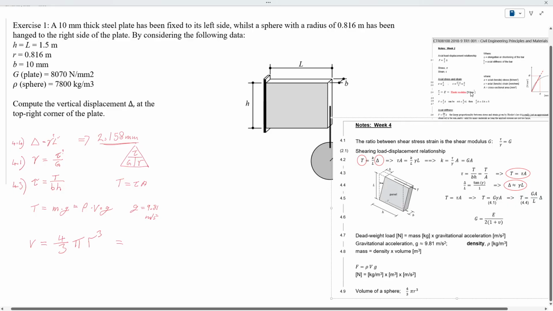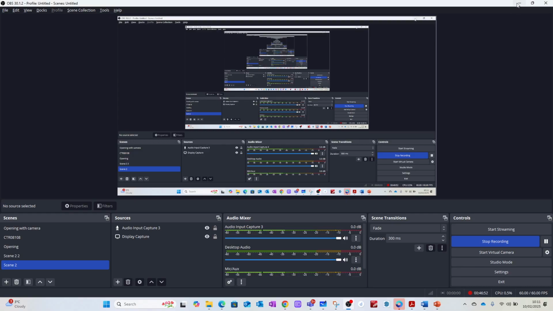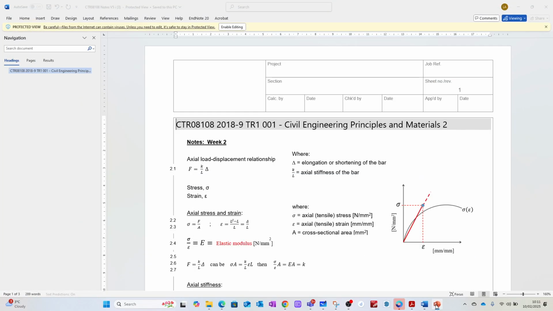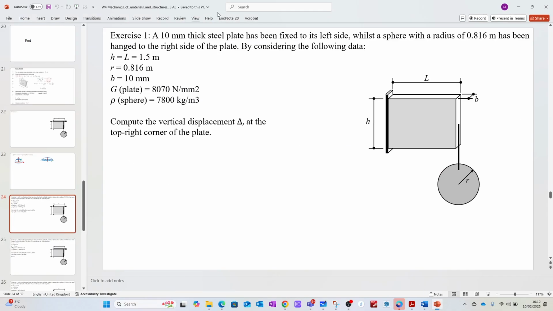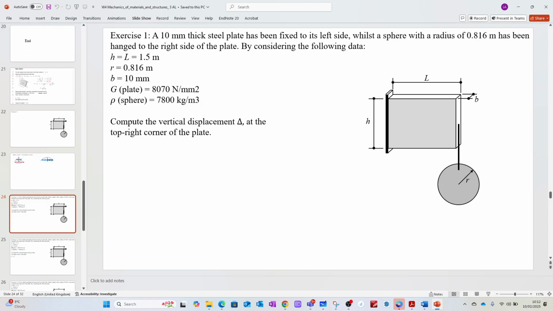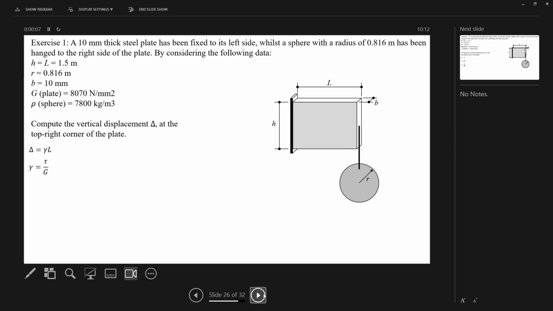Right, we'll take this away just now. And we'll go back to, so we can see we've got all the steps written out.